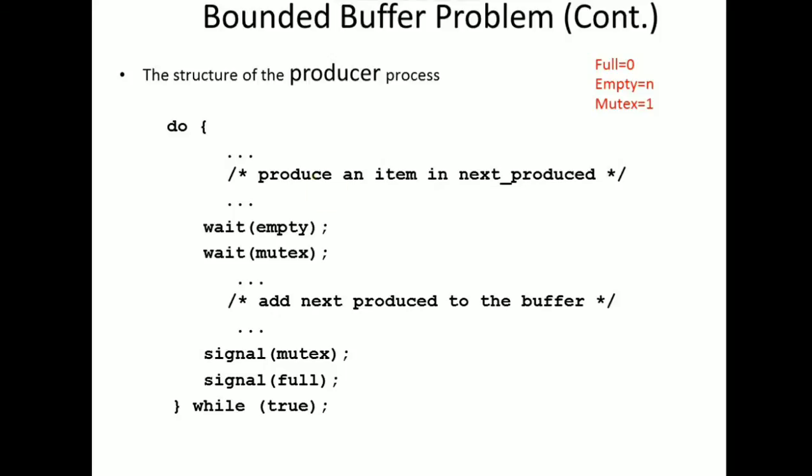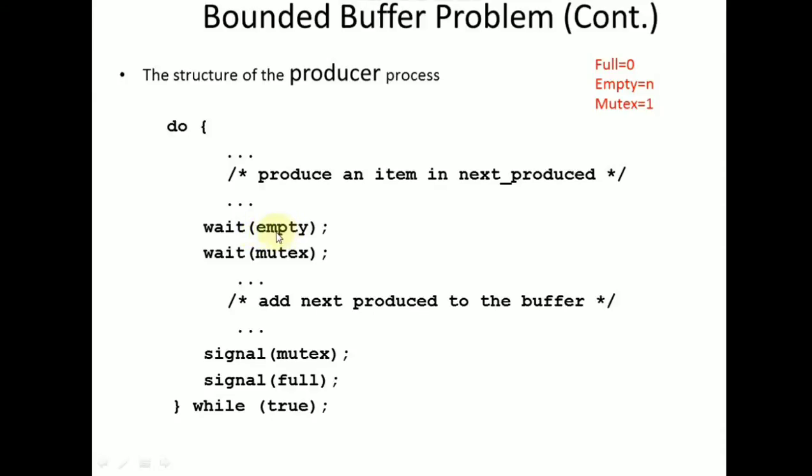I have just given a glimpse of the initial values. As seen in the previous slide, full is 0, empty is n and mutex is 1. It can take a value of either 0 or 1. Now if the producer wants to add an item to the buffer, it is going to call wait on empty.